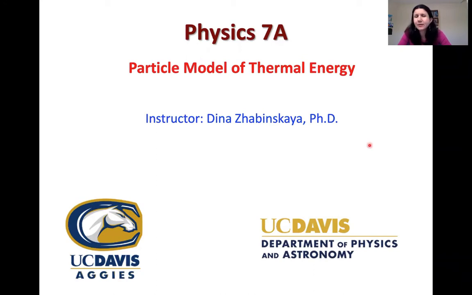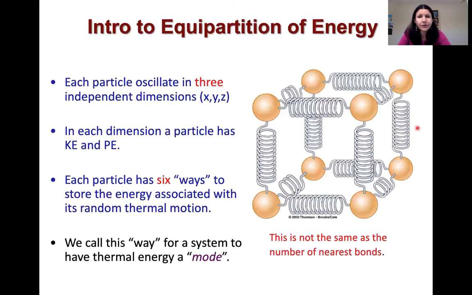In the last recording, just kind of briefly trying to introduce some of the ideas of thermal energy related to random motions of particles, but we saw that in solids or liquids, it's a little bit complicated because we have to consider these random oscillations, which have two forms of energy, potential energy and kinetic energy, where in gases we only needed to consider kinetic energy. Okay, so let's start with our model of a solid.